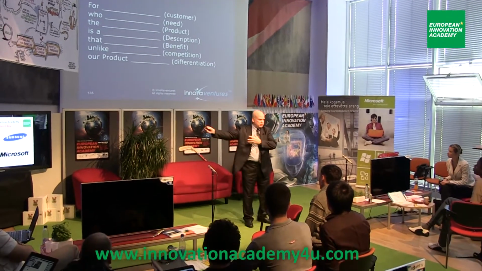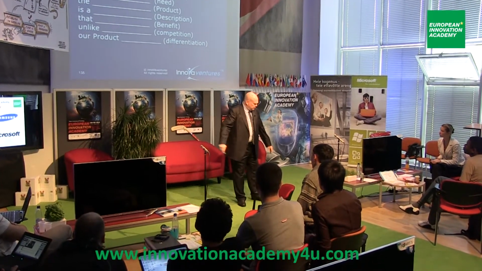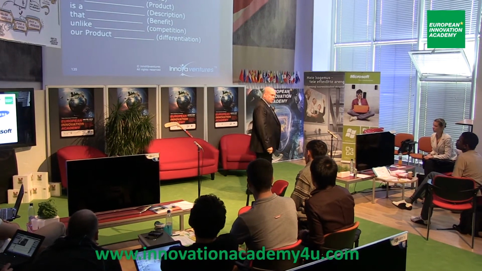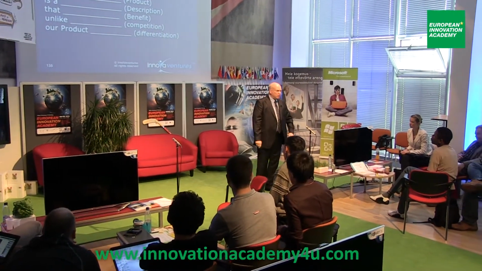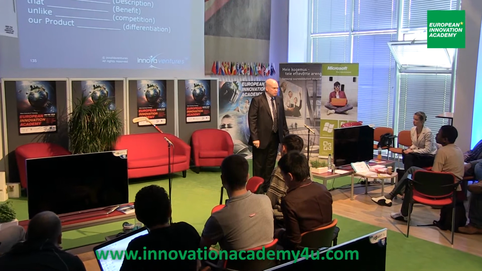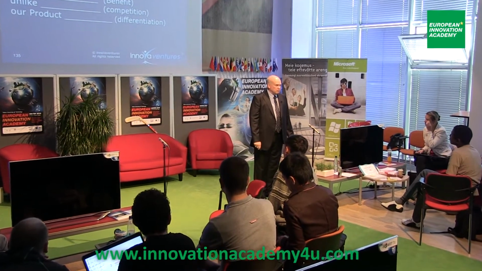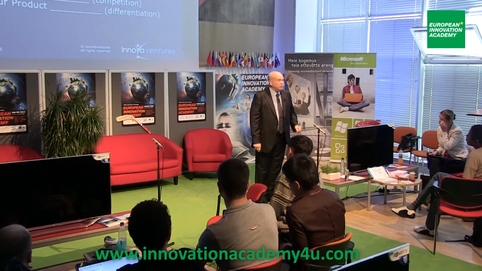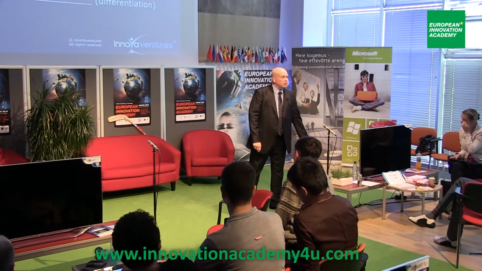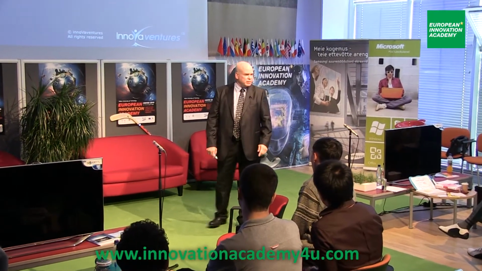Unlike our competition, our product gives you half the cost at double the performance. Now, each team could probably pull that up, just taking this as an example for the elevator pitch.